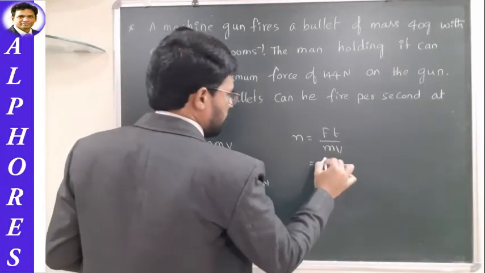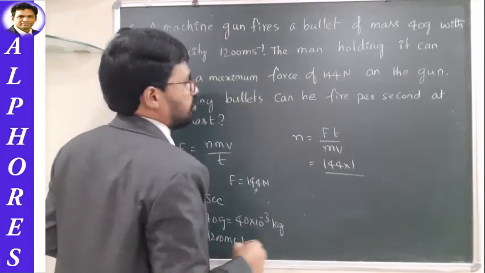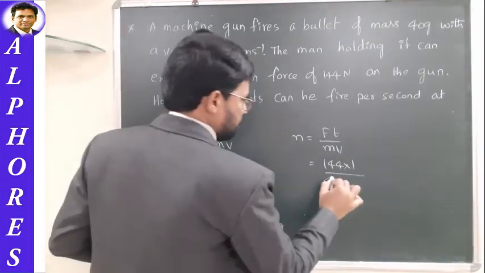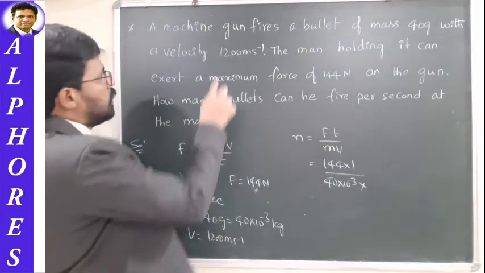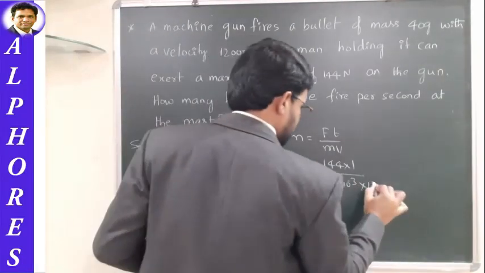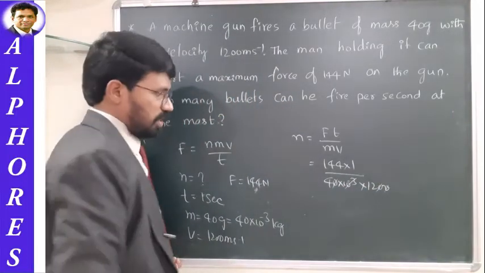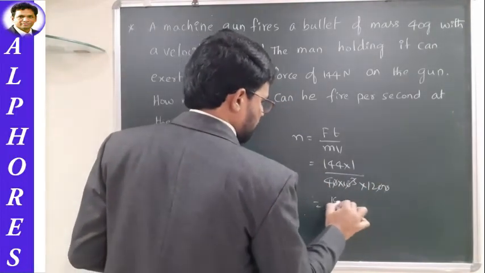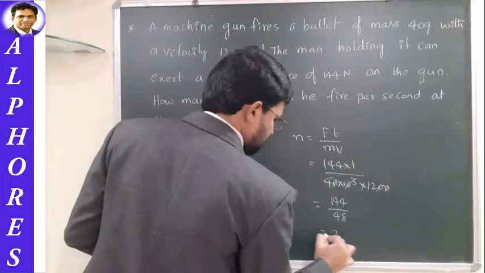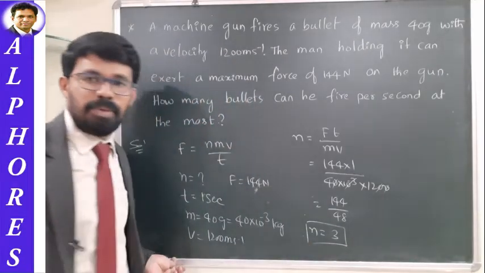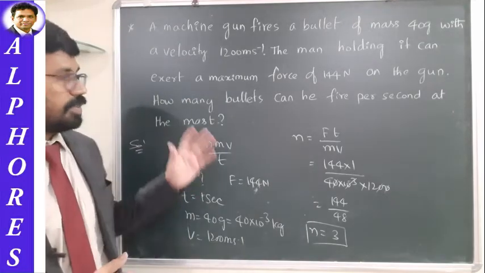So I will replace F with 144 into time 1 second divided by mass of the bullet 40 into 10 power minus 3 kg, into velocity 1200 meter per second. So 1000 into 10 power minus 3. 4 12s are 48. 144 by 48 is 3. So n is equal to 3. So maximum how many bullets can he fire in 1 second? 3 bullets. Okay, so that's how you are supposed to solve.